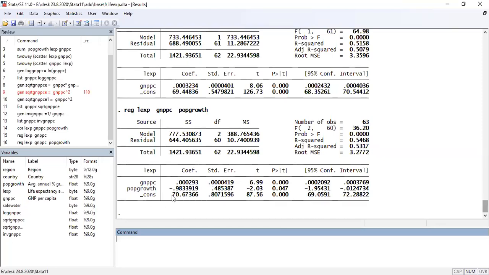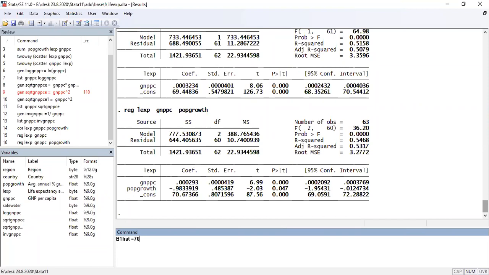Do you see the new result here? Yes, Professor. So what is the beta 1 hat here? 70.6. Let's say 70. Okay, 70. How do you explain that? Interpret beta 1.